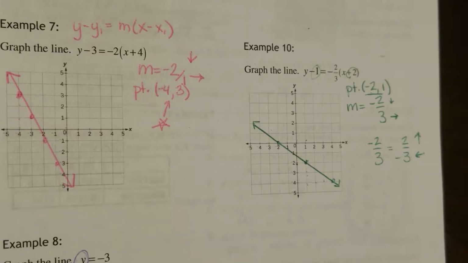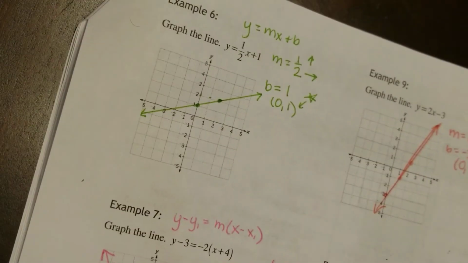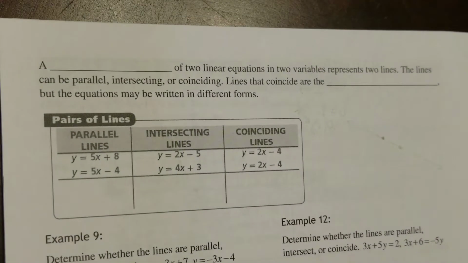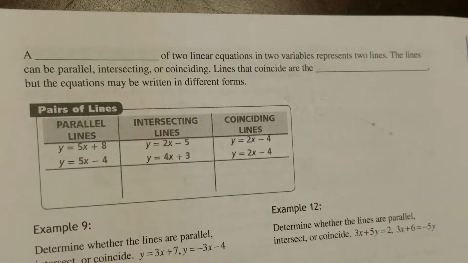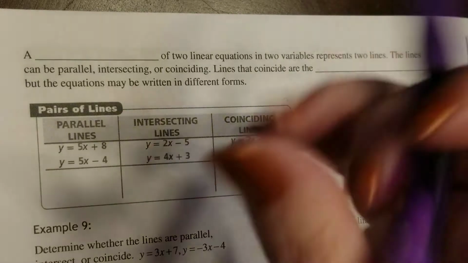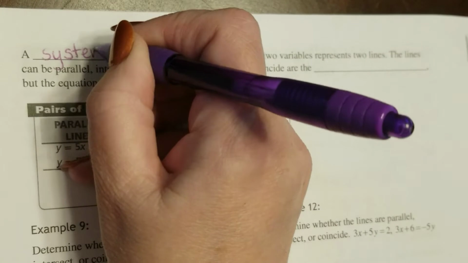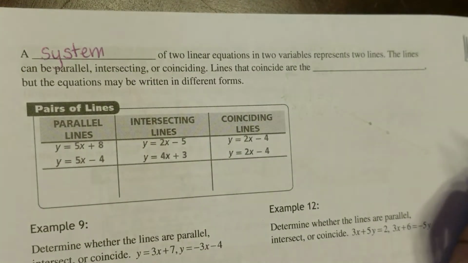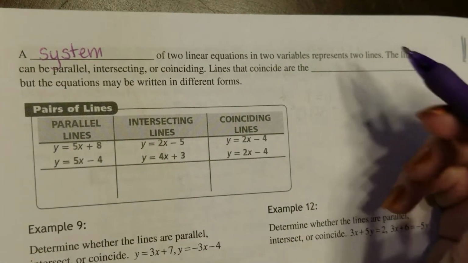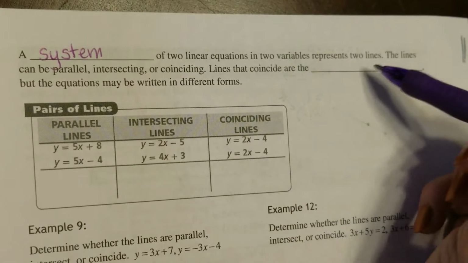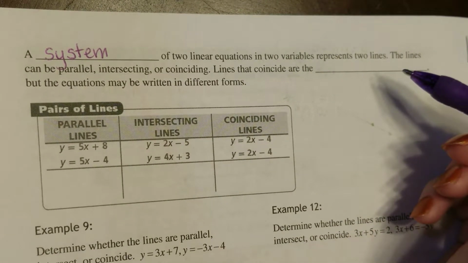All right, and we're ready to move on to the last bit of our notes, the very back on page 16. So go ahead and turn your page over. And we're going to be looking at, and you did this in Algebra 1 as well, a system of two linear equations in two variables represents two lines.